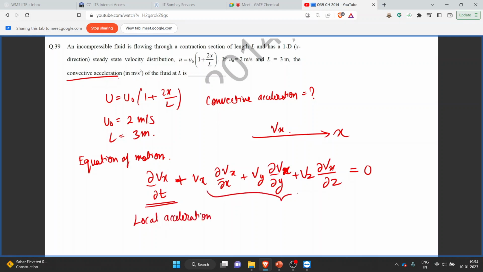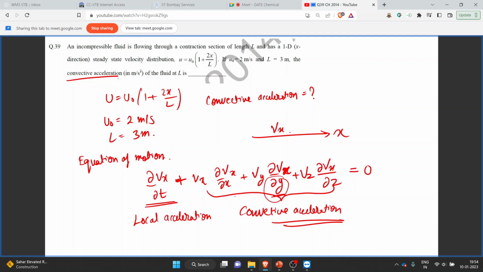And the last three terms are collectively called as convective acceleration. Now in this question, we have been asked to find the convective acceleration. So we will find the value of the summation of these three terms. The second term is del Vx upon del y, a derivative with respect to y.